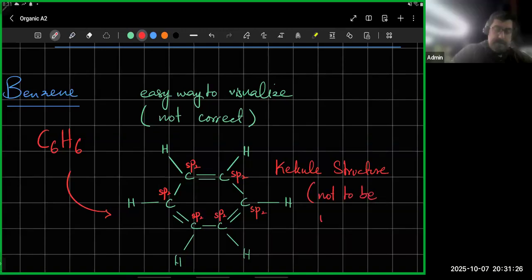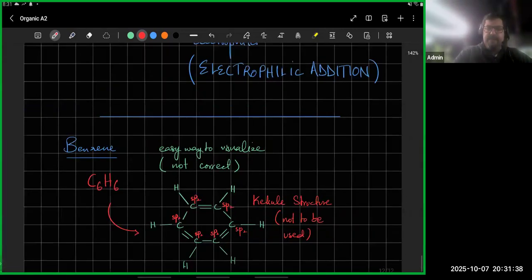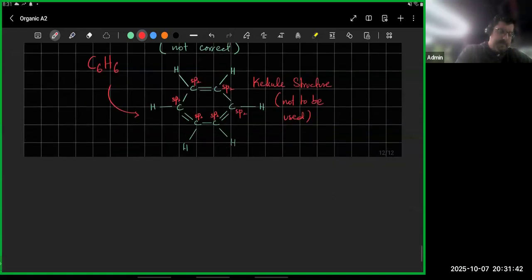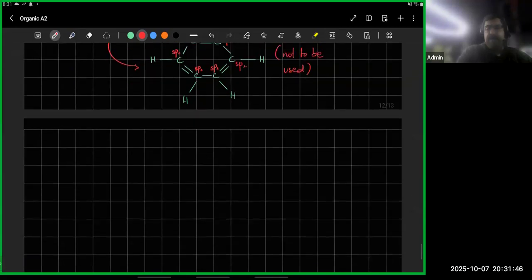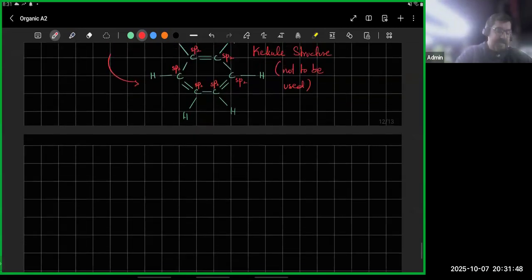Again, this is not to be used. But the reason I'm doing this is that it's easy to visualize if you want to make bonds or figure things out. It's just three alternating double bonds. Now, the correct structure, we're going to come to the correct structure and draw the complete detailed correct structure.